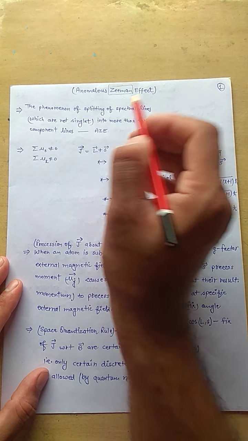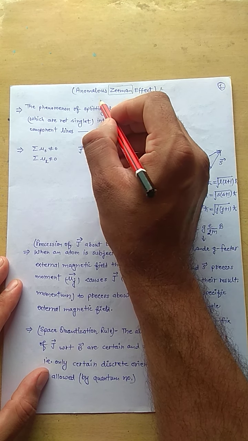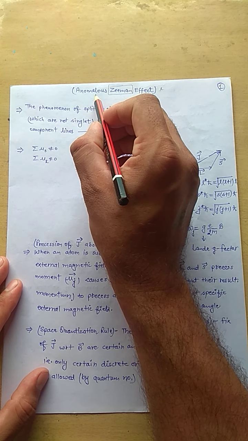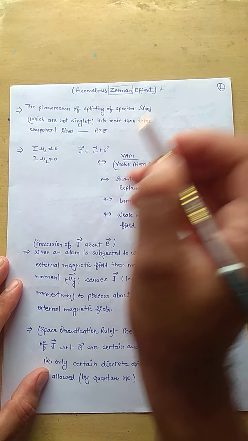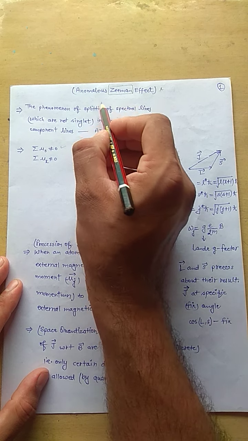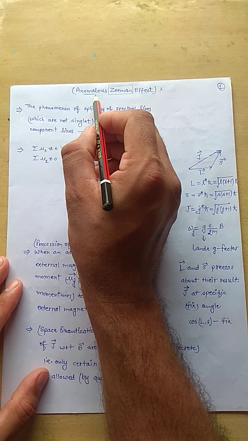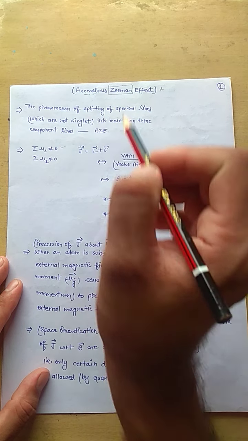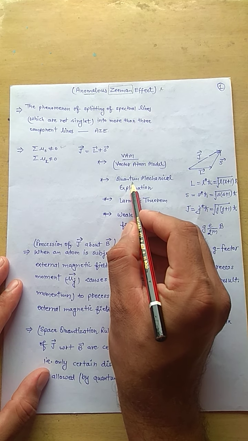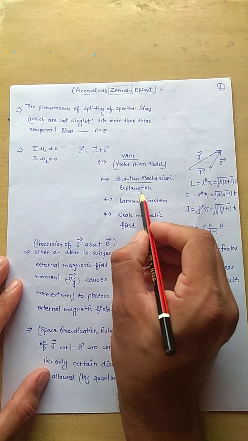Here we are going to see that this is anomalous, this is specific, and it is shown by those atoms where mu s is not equal to 0. So this is anomalous and it cannot be explained classically. So we need to use a quantum mechanical explanation.